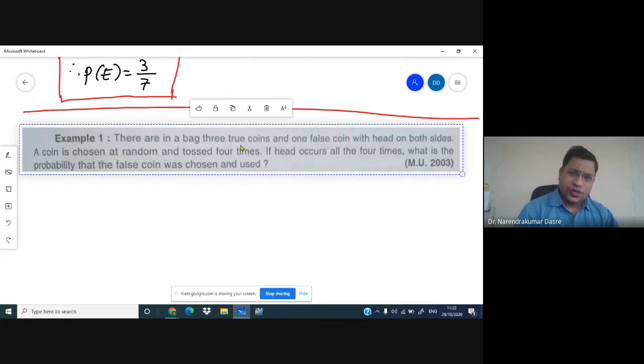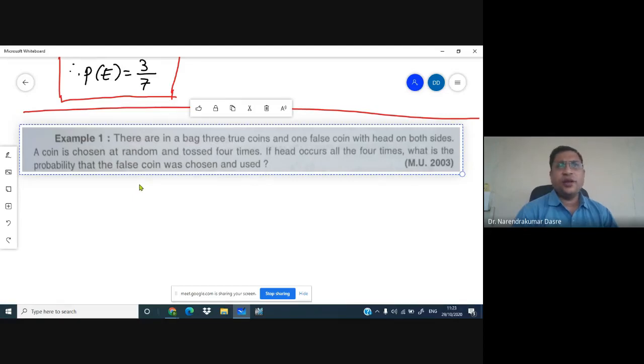Using a true coin, if we toss the coin 4 times, what is the probability of getting 4 heads? And using the false coin, if we toss it 4 times, what is the probability of getting 4 heads? And if I know that I have obtained 4 heads, then what is the probability that the false coin was used? That is what we have to find out.